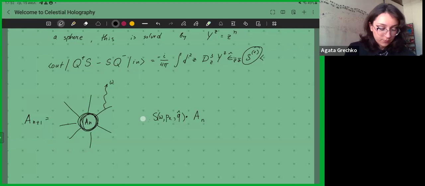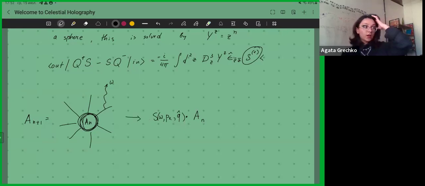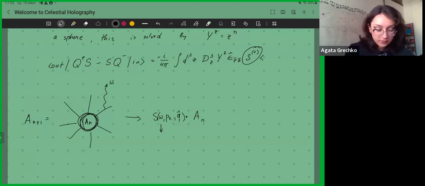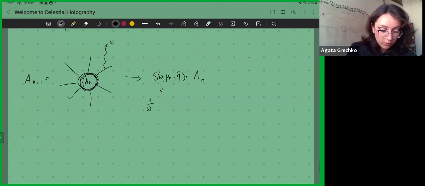Maybe in the last lecture we will talk about it, but for now I will just say that we can expand this factor in the powers of the soft graviton energy. So the leading factor will be 1 over omega. When omega goes to 0, this explodes, right? It gets very big.